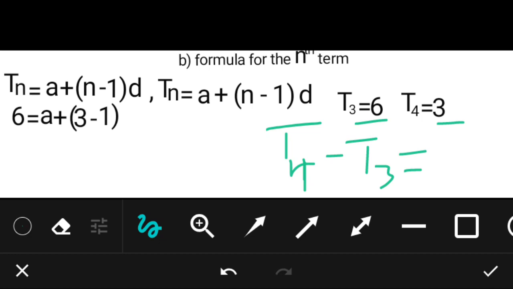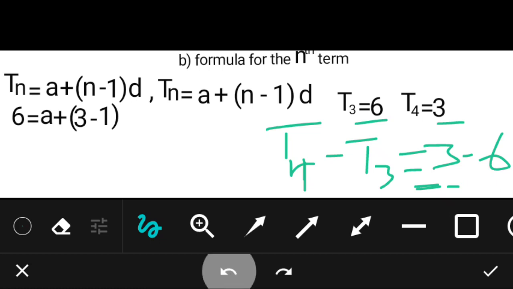Subtracting 3 minus 6, obviously you get negative 3.